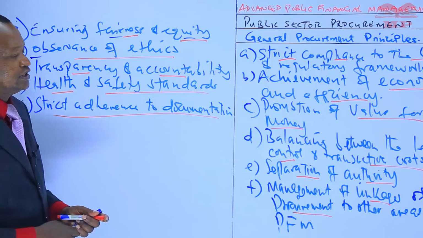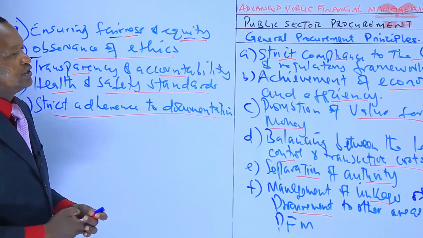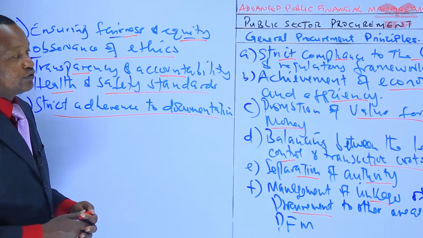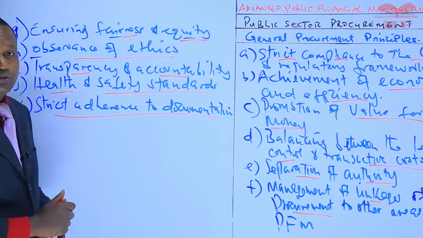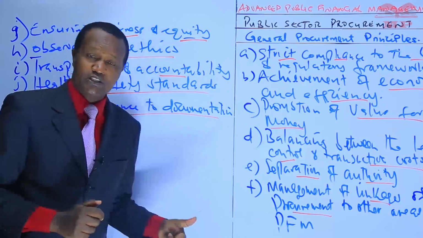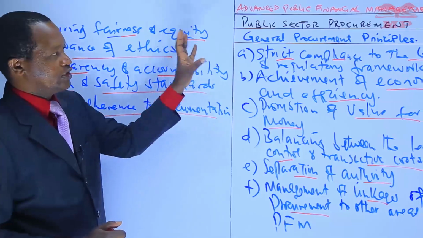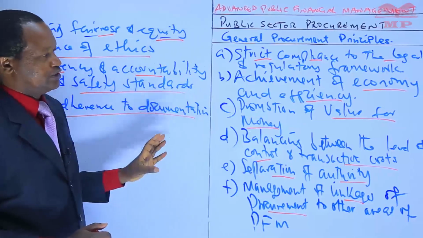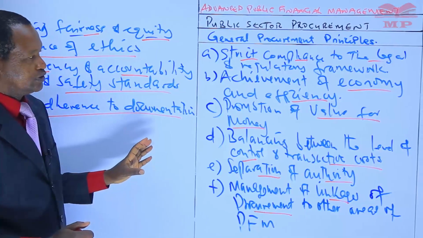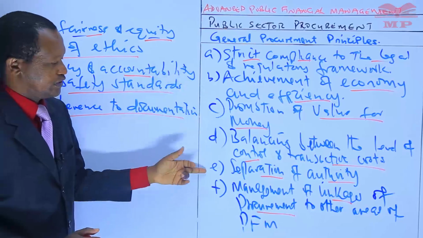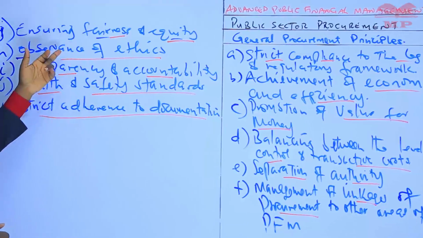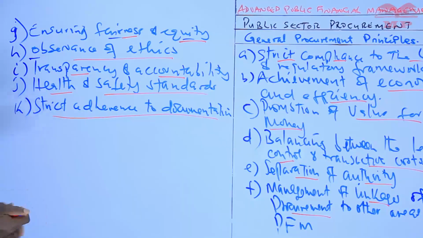So that is the end of the lesson. Remember, when we began, we said that by the end of this lesson, we should be able to outline the general procurement principles. So these are 1, 2, 3, 4, 5, 6, 7, 8, 9, 10, 11.